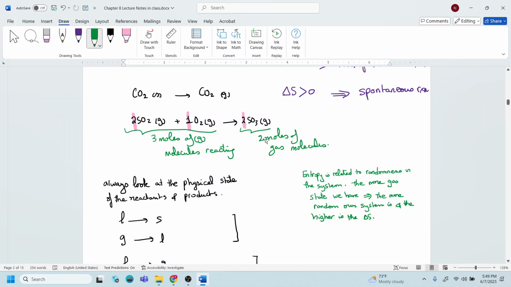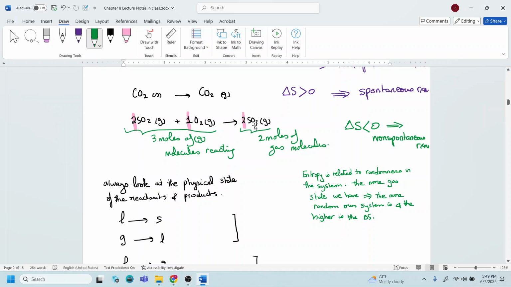So I'm ending up with fewer gas molecules than I started with. In this case, the system is going to be less random, so delta S is going to be negative. So I would say that this one is going to be a non-spontaneous reaction. For a non-spontaneous reaction here, you have to count your outcome versus what you start with.